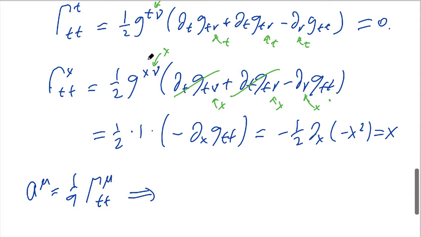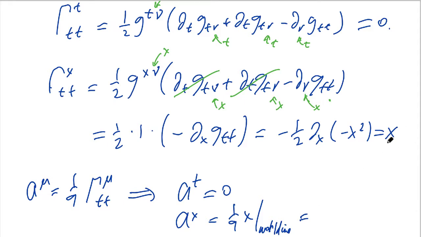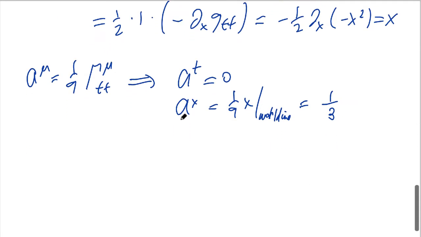Since gamma ttt is 0, that means the t component of acceleration is 0, and for the x component we have 1/9 times gamma xtt, which was x, but this should be evaluated along the world line, where x is equal to 3, so this is 1/3. Right, so the acceleration vector is 1/3 d by dx.